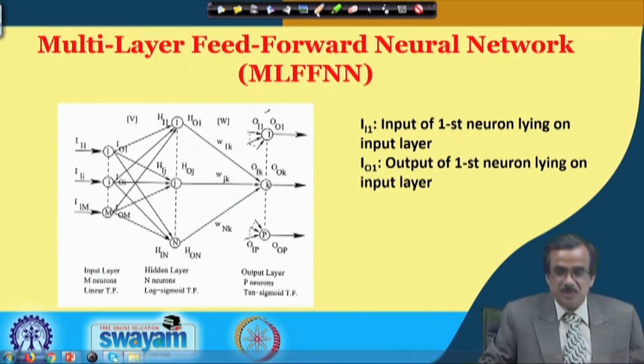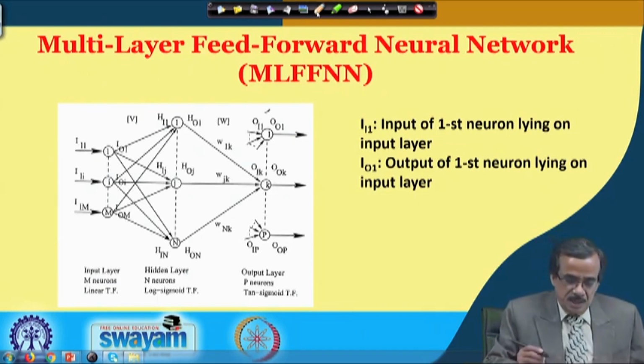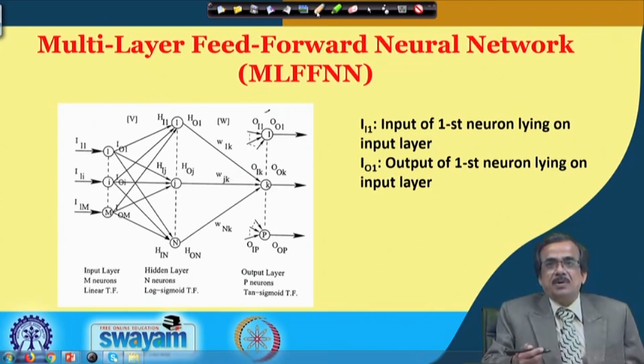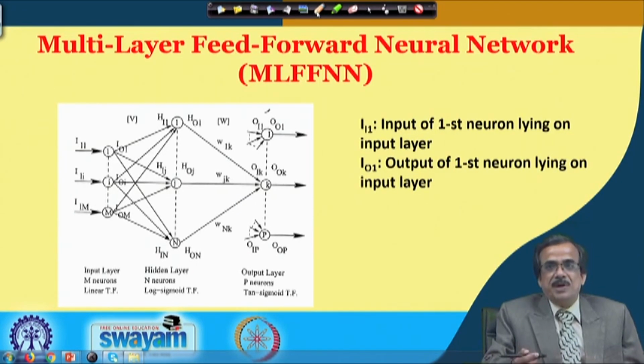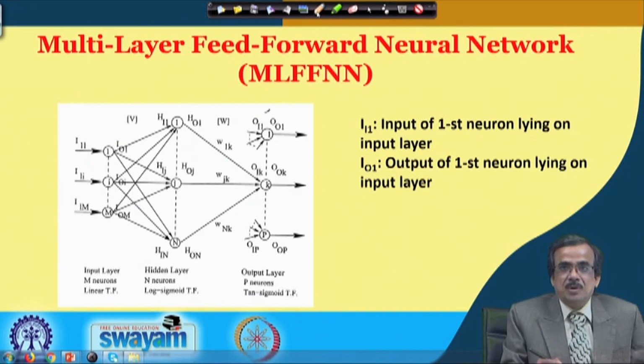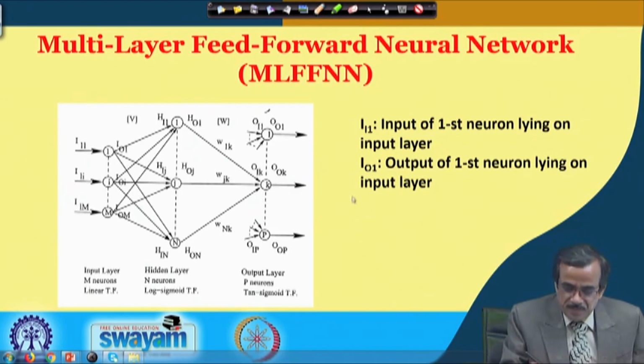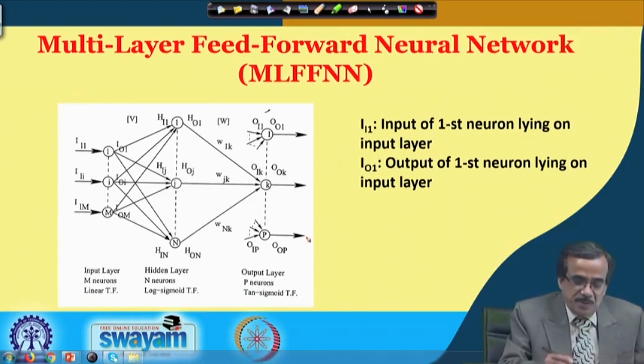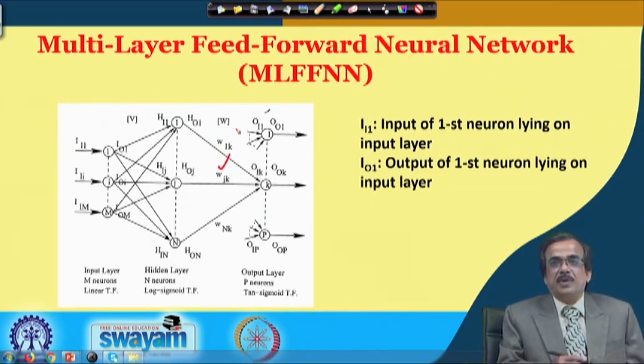Now, supposing that I am carrying out the batch mode of training for this supervised learning, using a suitable number of training scenarios, and I am using the generalized delta rule, the back propagation algorithm. Supposing that I want to update this particular connecting weight.